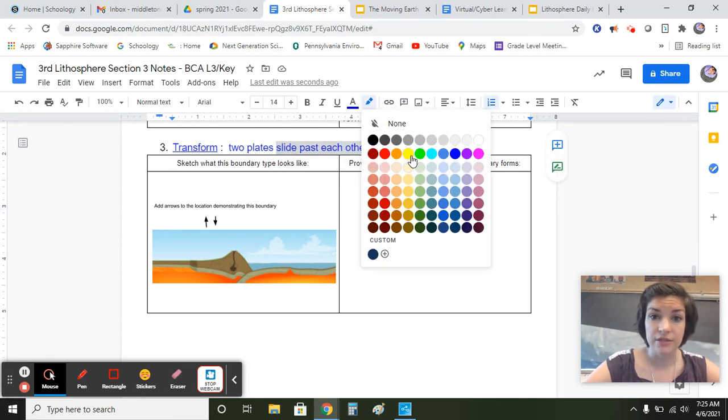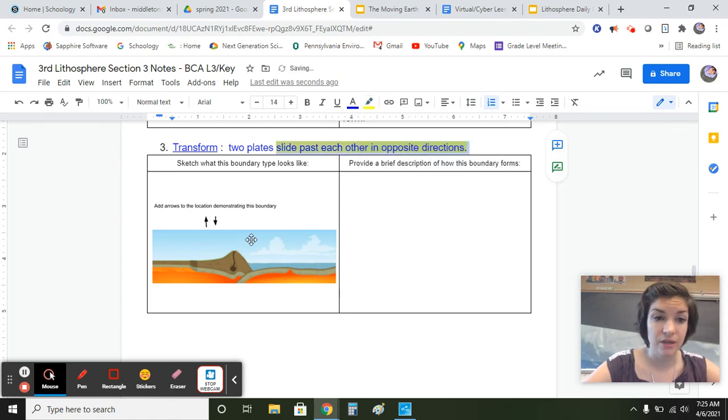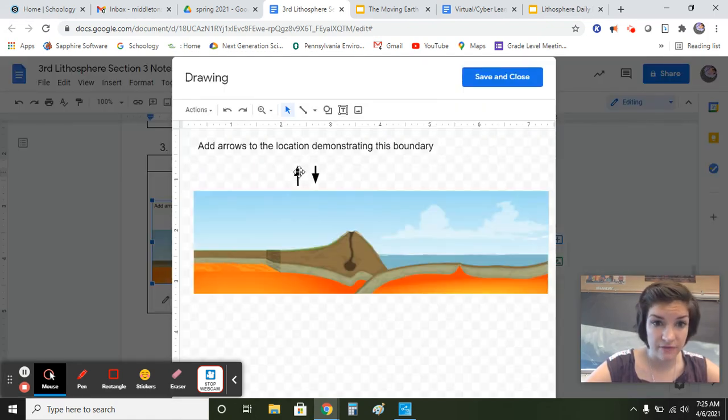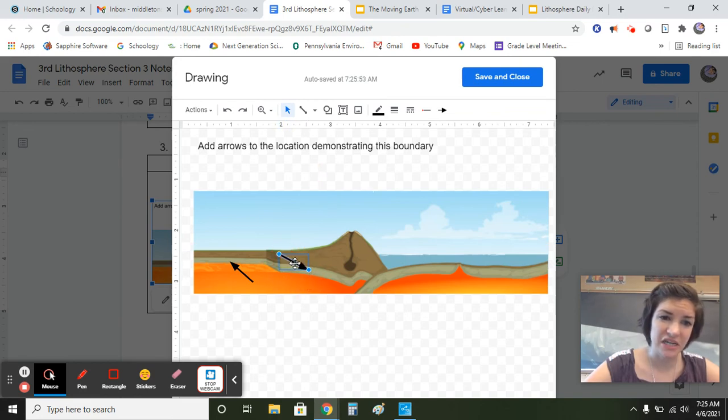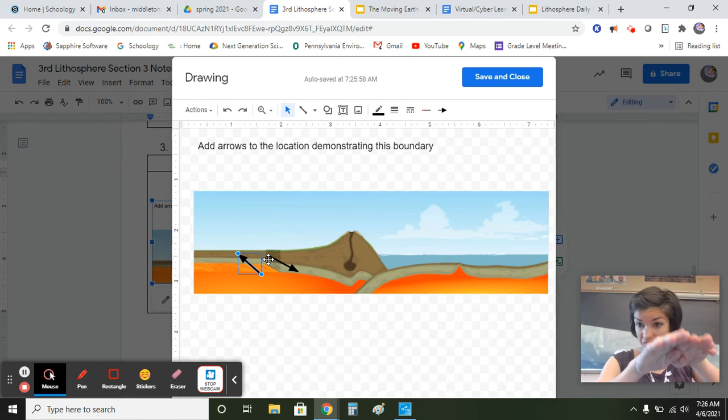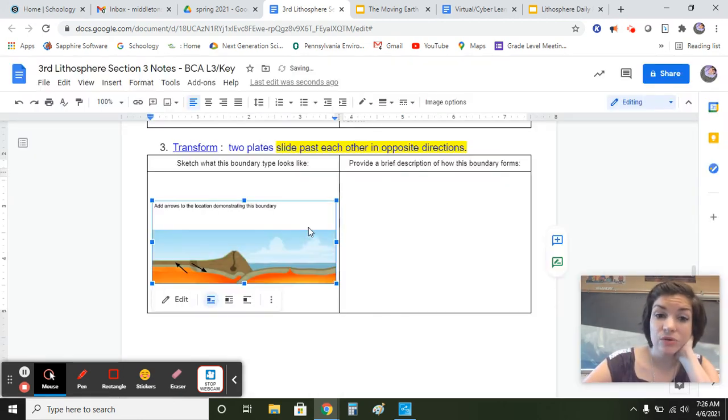So what you have here, and I don't like this image that much, this is pushing back, this is pushing forward. You can't really tell. But they're sliding. There's no up or down. It's just sliding past each other. Okay, so save and close.